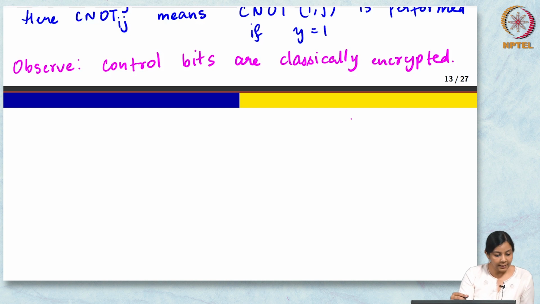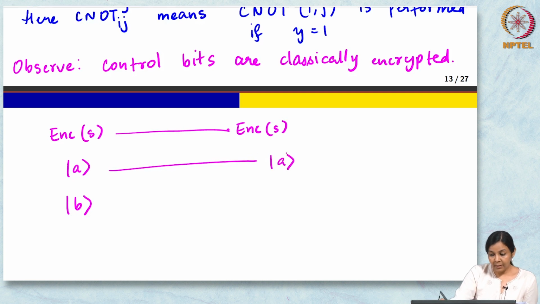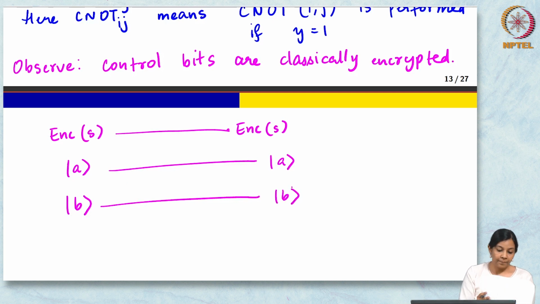So, basically if I could do the following, that I have enc of S, A, B, and I get here enc of S, A, B XOR A S.